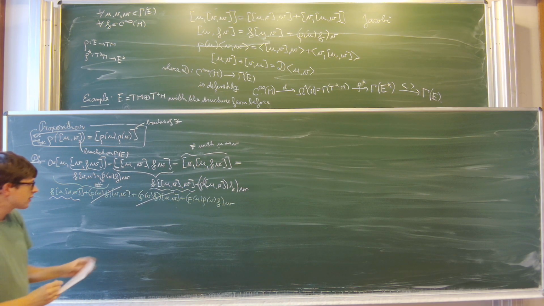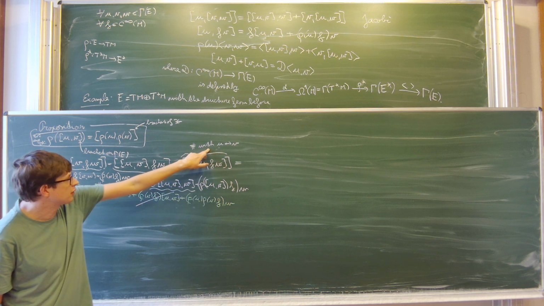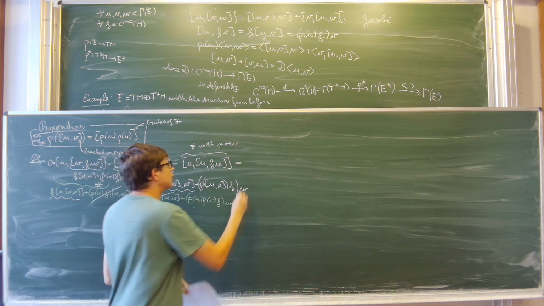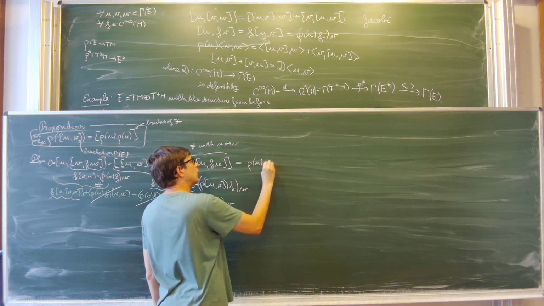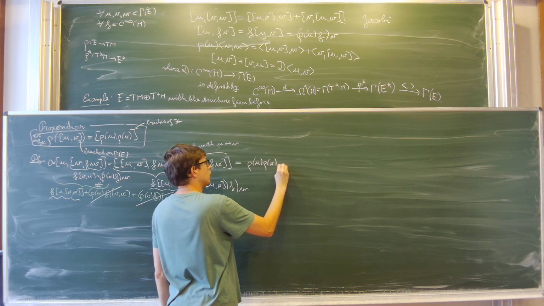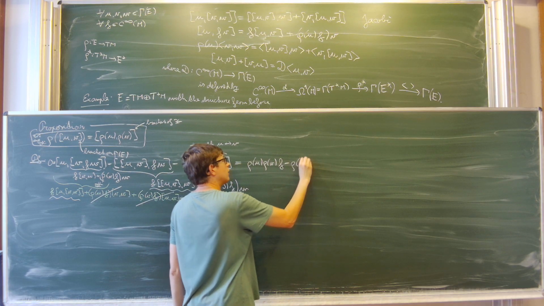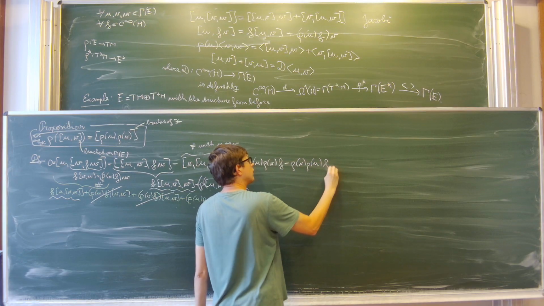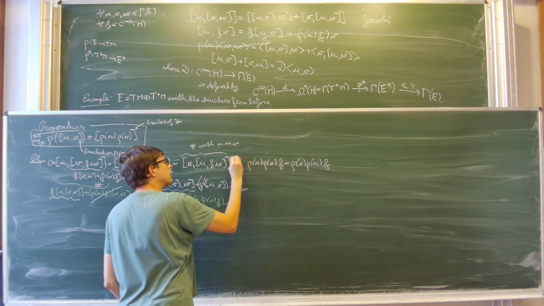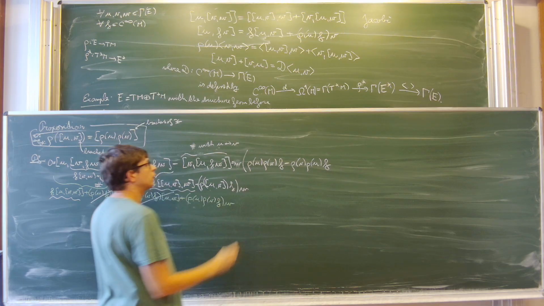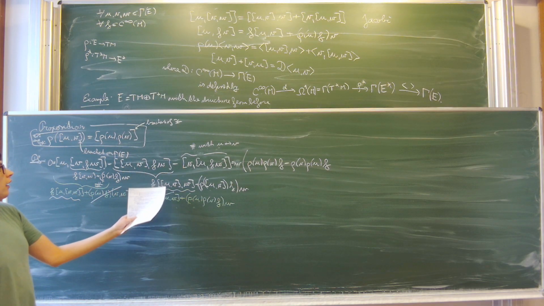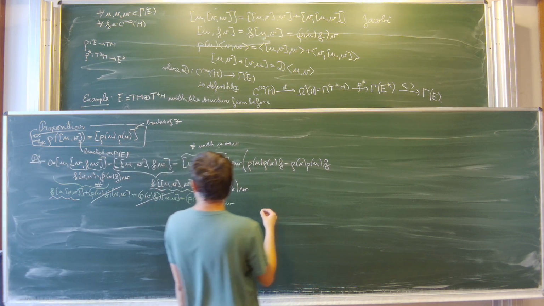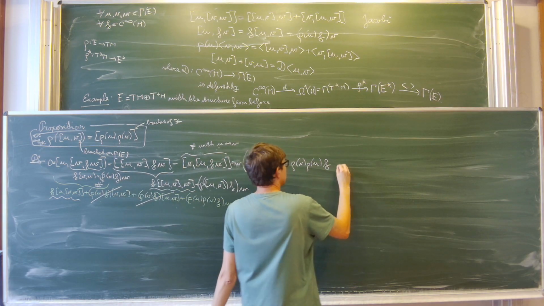So the only thing that remains is this thing with its counterpart and this guy, which is precisely what we want. So you get rho U, rho V on F minus rho V, rho U on F, the whole thing multiplied by W, and this term with minus.